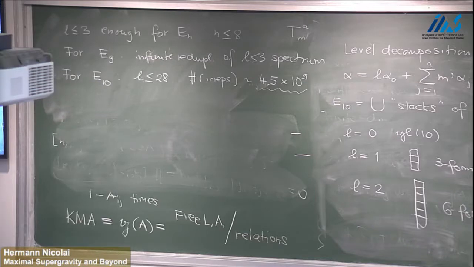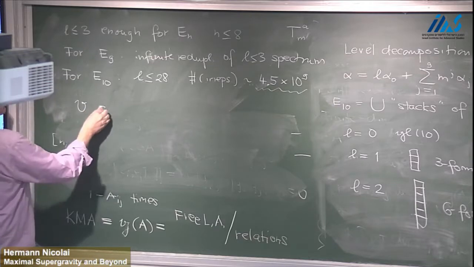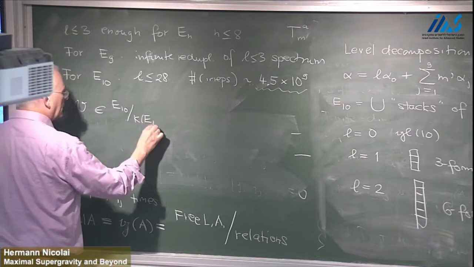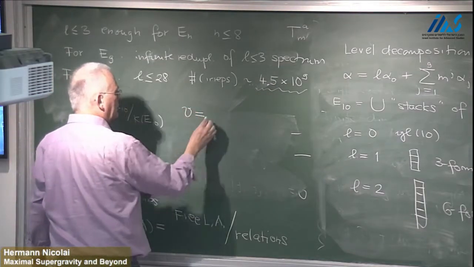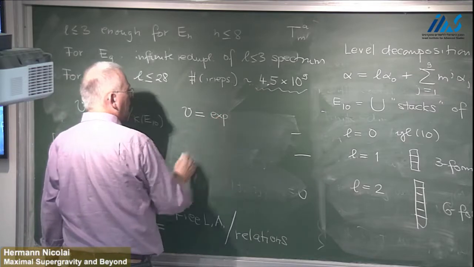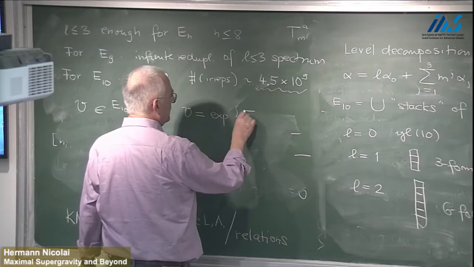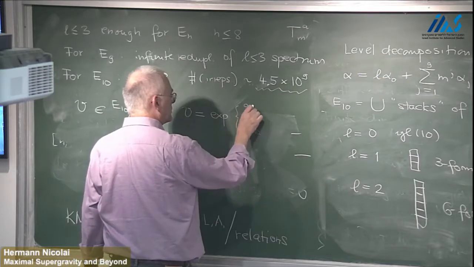So what you do, you simply assume formally that you have an element of the coset space like this, and then you formally write this as a sum over level. In principle, it goes from L0 to infinity.